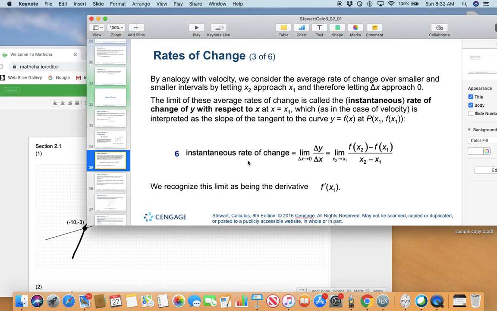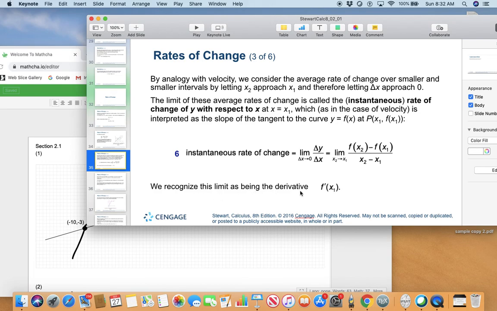What you get is the instantaneous rate. So instantaneous represents the slope of the tangent. All right. Average represents the slope of the secant.